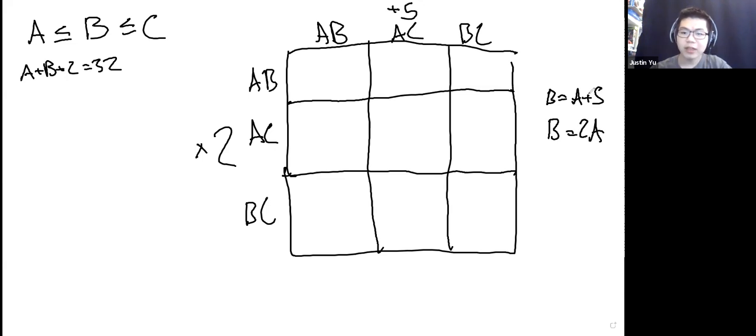We can solve this pretty easily. And this is not interesting. And this is also why I impose this order, A is less than or equal to B is less than or equal to C, so that I know that it's not the other way around. All right, if this is the case, then we have A equals 5, B equals 10, and can somebody tell me what C is?